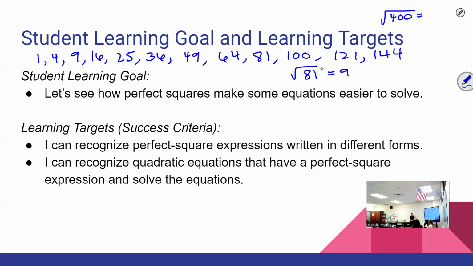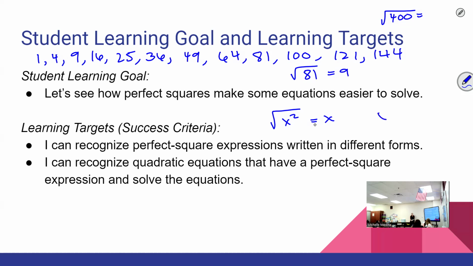Now, we're not just doing numbers anymore, we're doing expressions too. So what would be the square root of x squared? Yep, x. I feel like that's the highest we'll go in this class, because we're only doing quadratics right now, where the highest is x squared anyway.